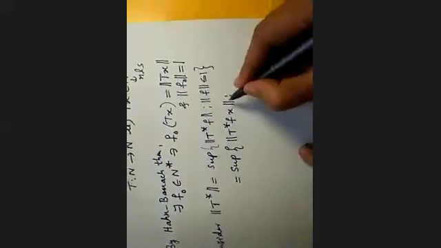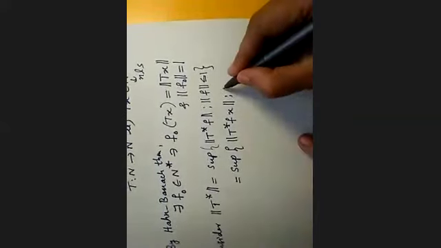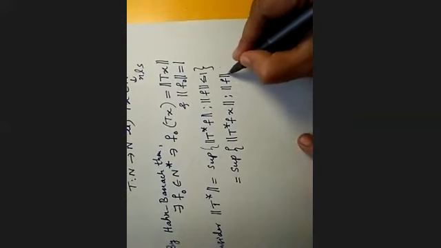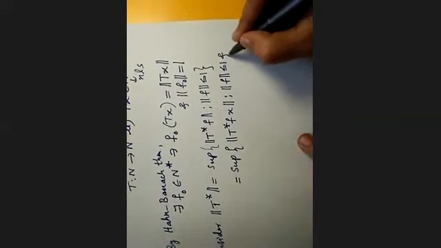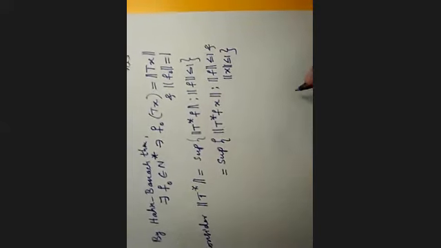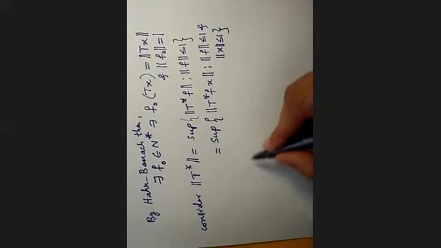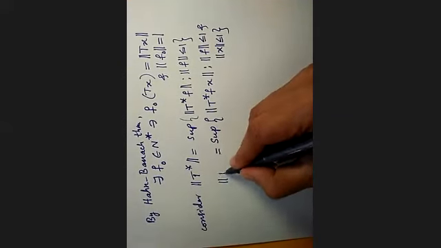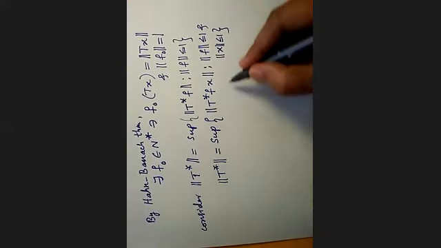I'm combining two supremums into one, just like the previous step, and norm x is less than or equal to 1. Okay, so this is our norm T star.